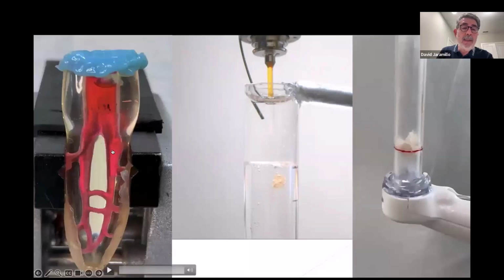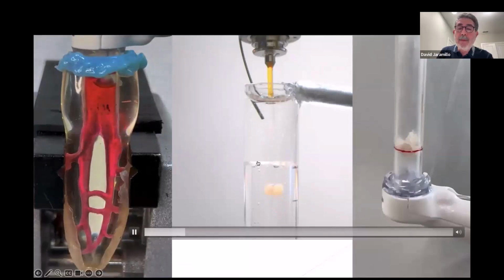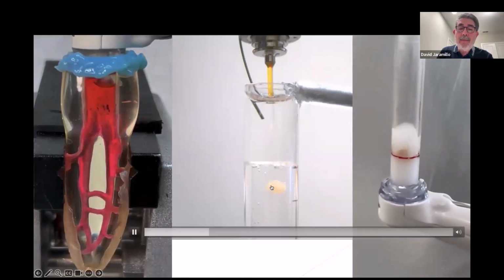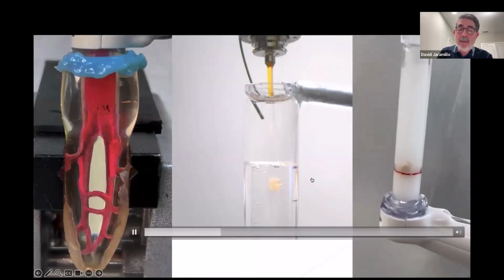So basically, this is the way GentleWave works, how PICS works, and what is the effect of tissue dissolution in between these two.